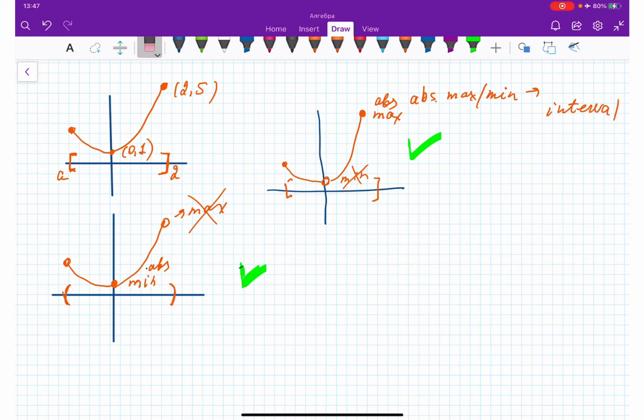Now let's talk about relative extrema and critical numbers.